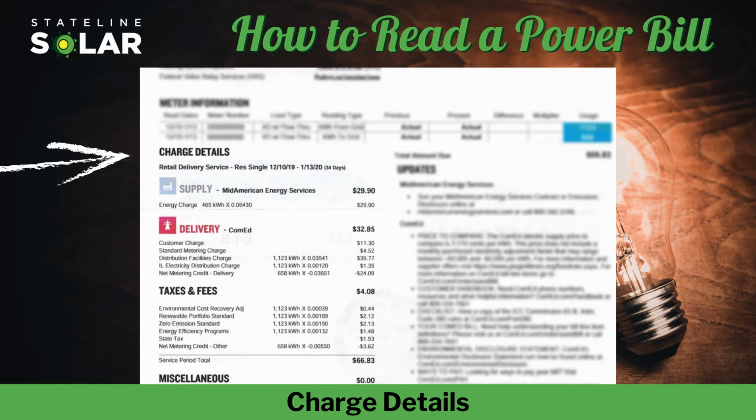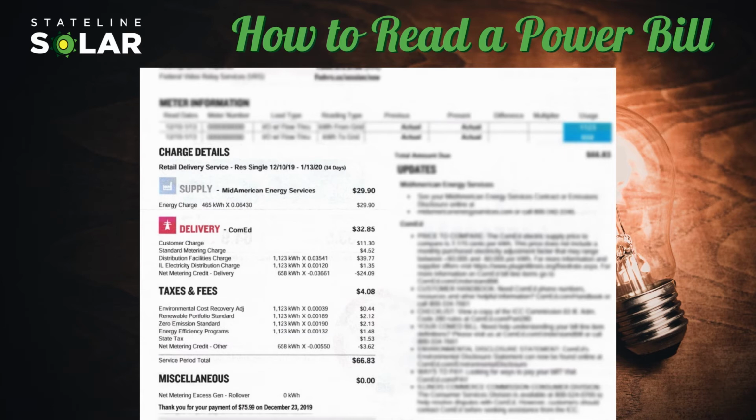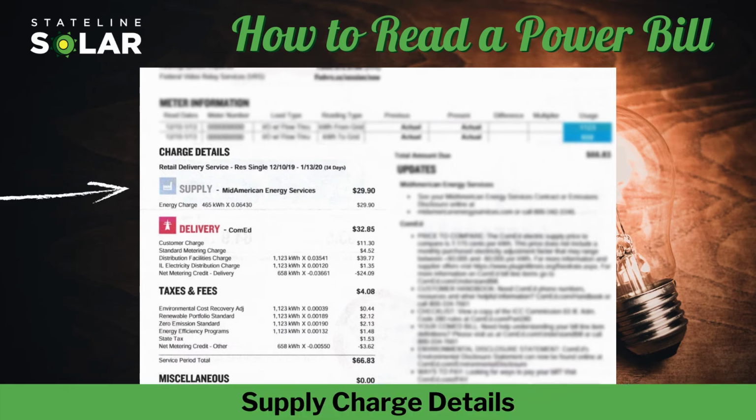If that's on a power bill where we can reduce some rates, that's the easiest way to save on your electricity bill. Going solar is just a benefit at that point. So one thing I want to mention here on these charges is on the top you see your supply from a Mid-American Energy Service. That would be the retail electric supplier in this case.